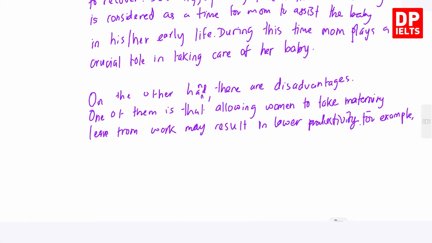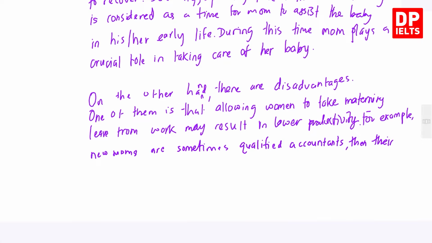new mums are sometimes qualified accountants, then their absence may affect the company's accounting process.